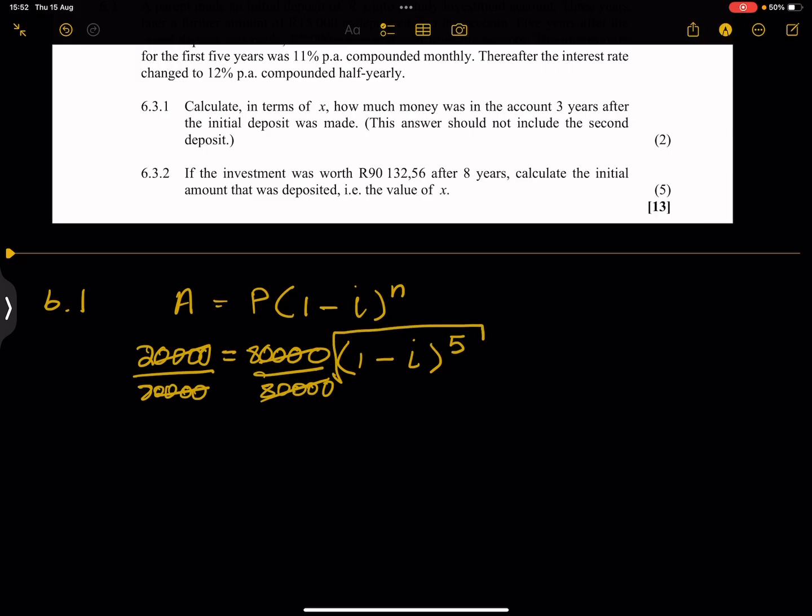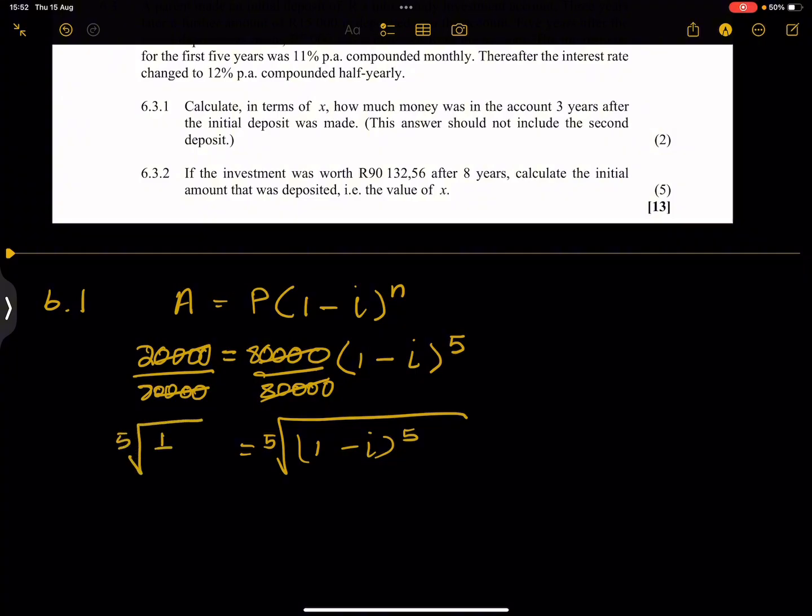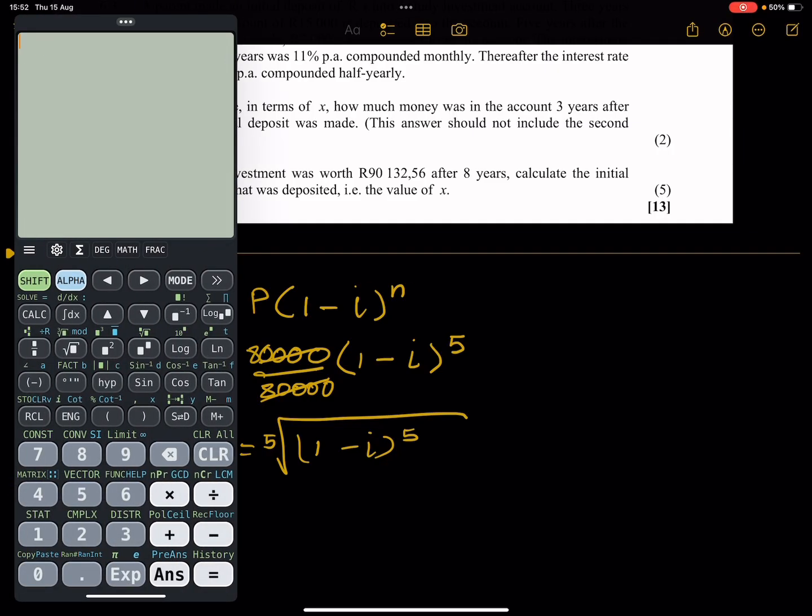Okay, let me just try to write it a little bit more neatly. 1 minus i to the exponent 5. So we're going to take the 5th root of that. And of course, what we do on the left, we do on the right. So the 5th root of 1 over 4.